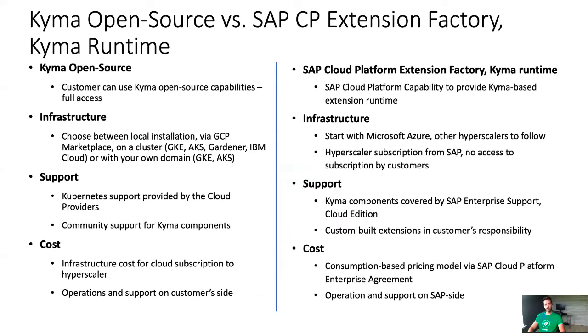So taking a look at the Kyma open source project versus what the SAP Cloud Platform extension Kyma runtime provides you. So there's a few different points here that you can take a look at, but probably one of the big factors of difference is that on the open source version you can install a whole bunch of different capabilities on it, including tools to help you do tracing and troubleshooting and that kind of stuff.